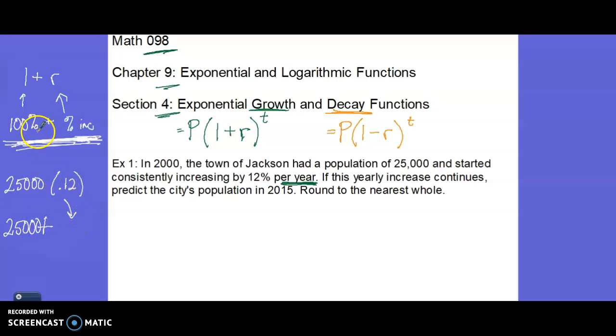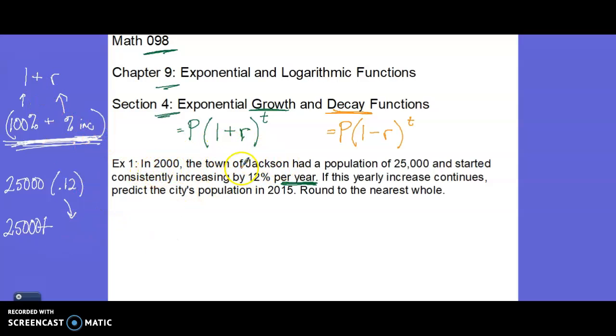Well, what you're really doing is you're really factoring out 25,000, and you're doing a lot more work. So you don't actually have to know or understand where this formula comes from, but I do expect you to use it instead of the old school method.